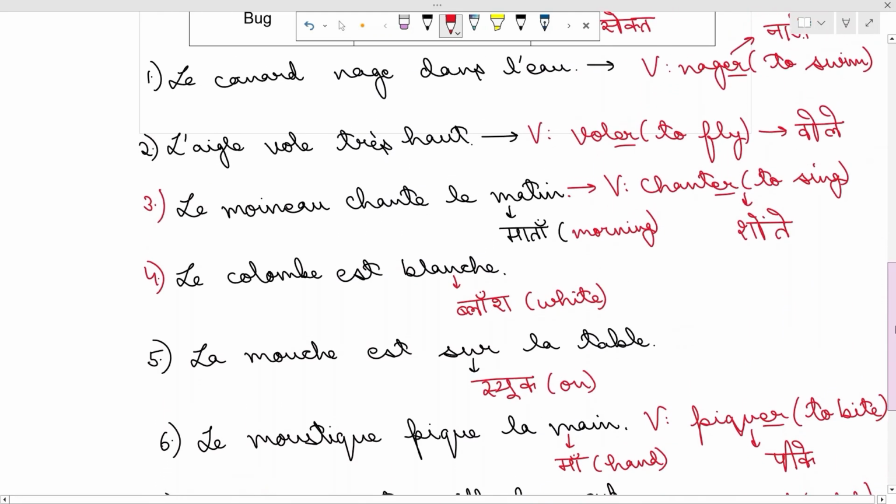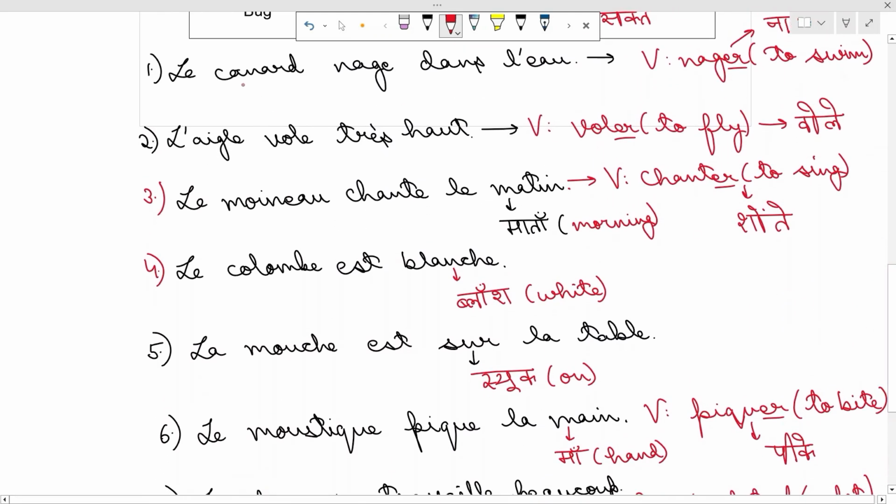I'll repeat the pronunciations once again. The first one is le canard nage dans l'eau. The second one is l'aigle vole très haut, très haut, because of the liaison rule. H is silent over here. So the pronunciation will be with this A. The pronunciation is l'aigle vole très haut.